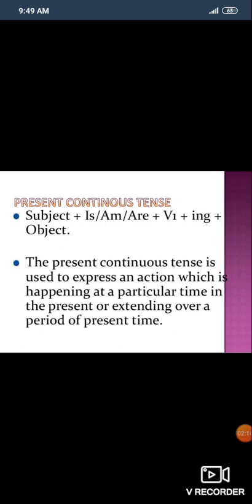Just like if I am saying, look here, she is still sleeping. Or extending over a period of time, like I am reading a very interesting historical account, or for the near future we can sometimes say, I am leaving for Dubai this evening. So that is extending over a period of present time.